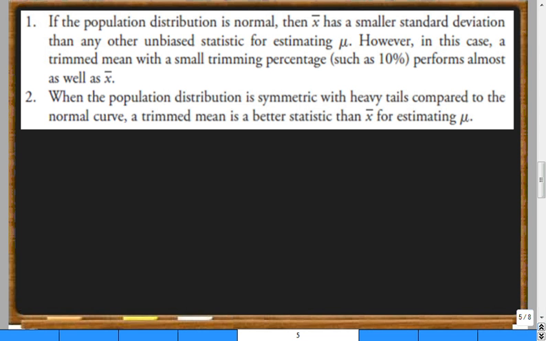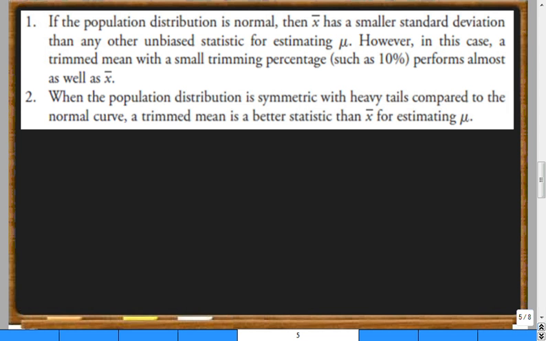Now, when the population distribution is symmetric with heavy tails compared to the normal curve, so it's a little flatter than normal, a trimmed mean would be better than the sample mean, because a trimmed mean would more than likely have a smaller standard deviation. So this would be a way for us to say, use something different than just your sample mean. A trimmed mean could be better, and is better, when we have heavy tails.